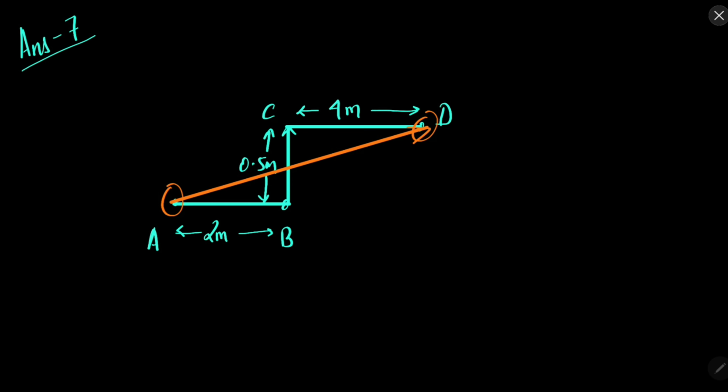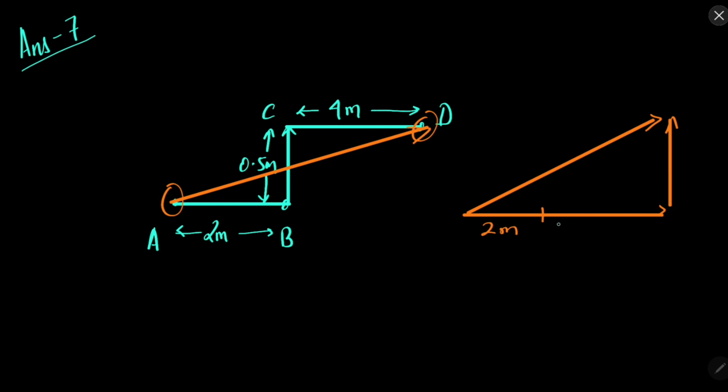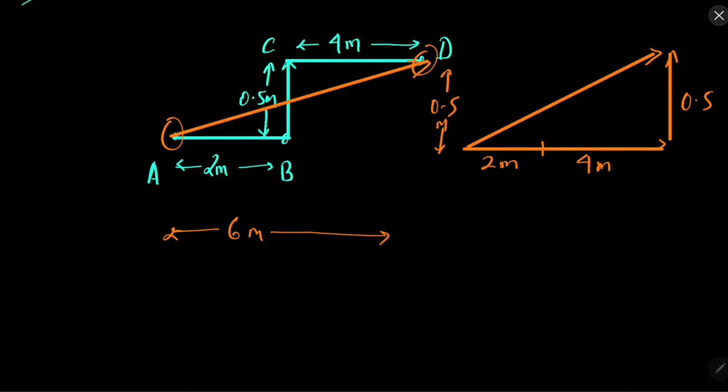Resultant is that. So how can we find the resultant? We can find the resultant by drawing this particular diagram. So this much is 2, this much is 4, and this is 0.5. So this is total 6 meter, and this is 0.5 meter.